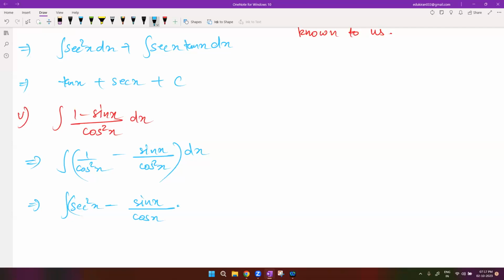So I'm writing this cos square x as cos x into cos x, right? Definitely we can write it like this: sin x by cos x into 1 by cos x. That gives the same sin x upon cos square x, right? So sin x upon cos x is tan x, and then this 1 by cos x is sec x.